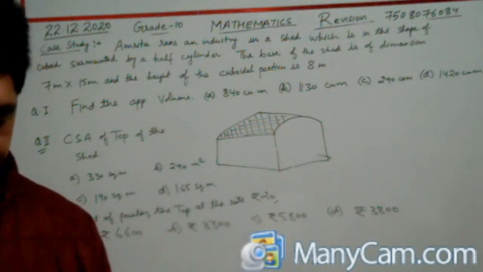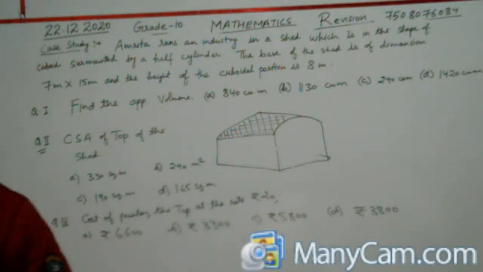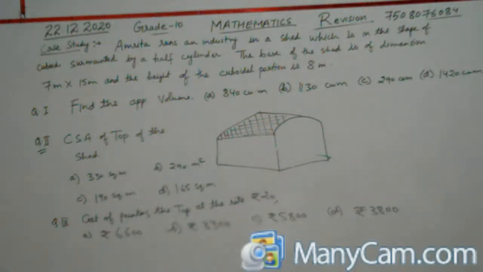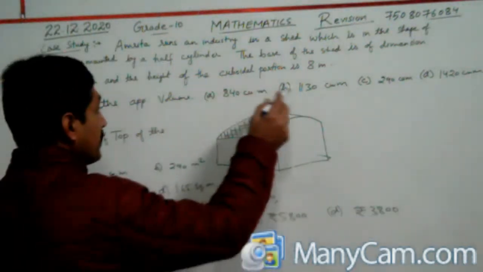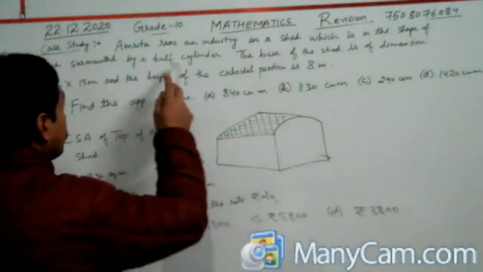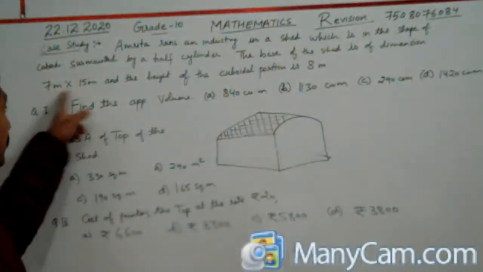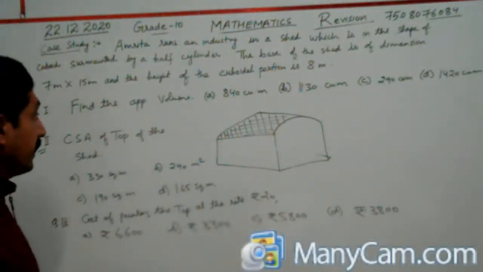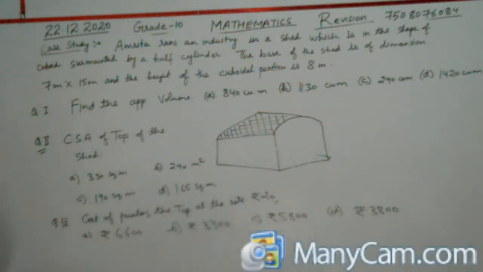So let's discuss these three parts. We know that the dimension of the cuboid is 7 meter by 15 meter, and the height of the cuboidal portion is 8 meter.